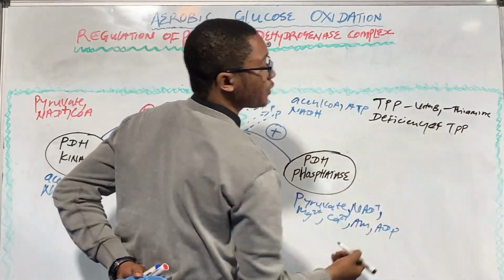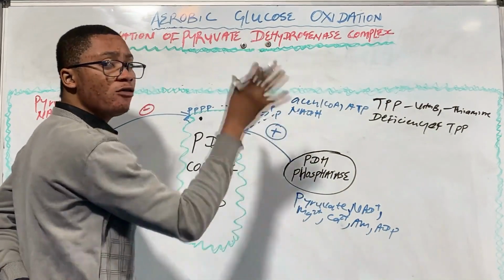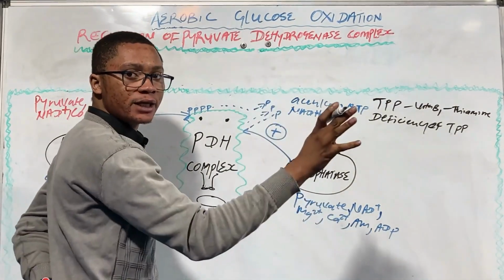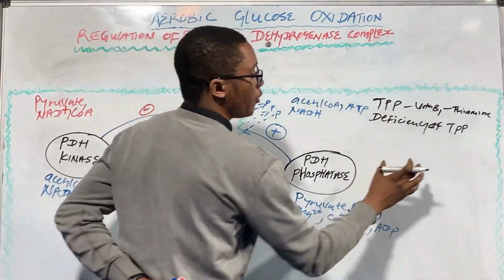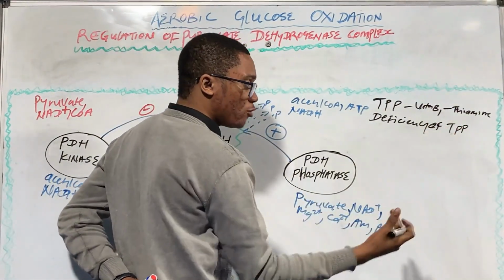The main constituent of thiamine pyrophosphate is thiamine. So the pyruvate will accumulate in the human body. The pyruvate will not be converted to acetyl-CoA.